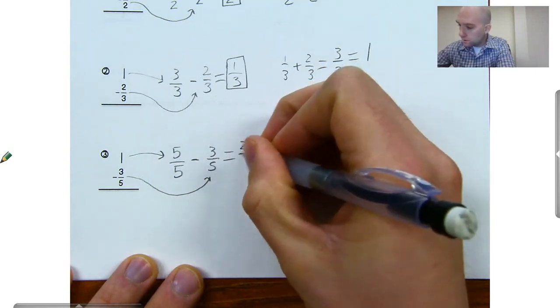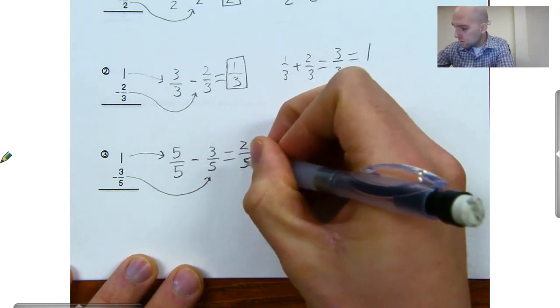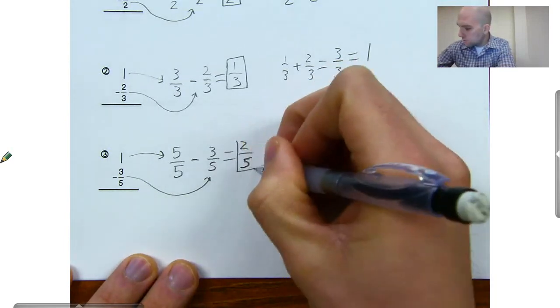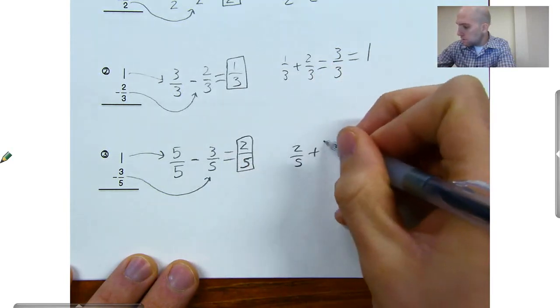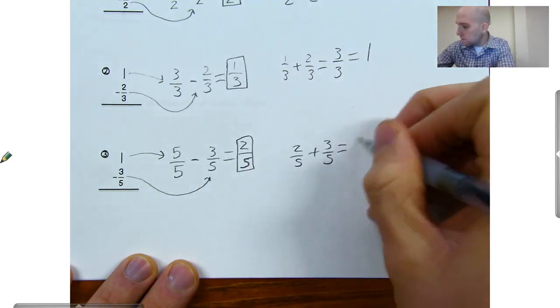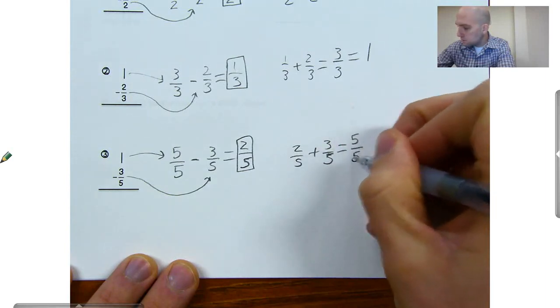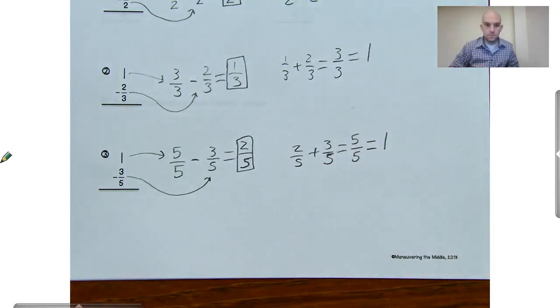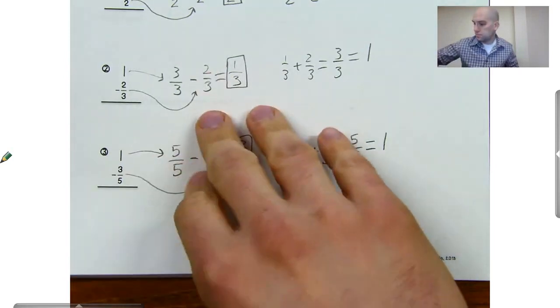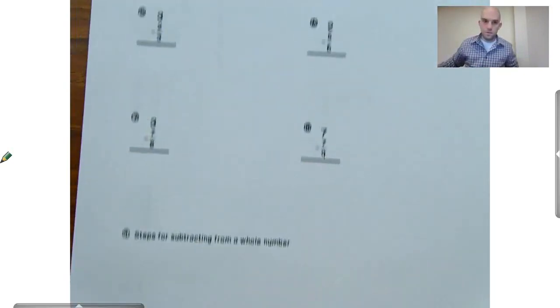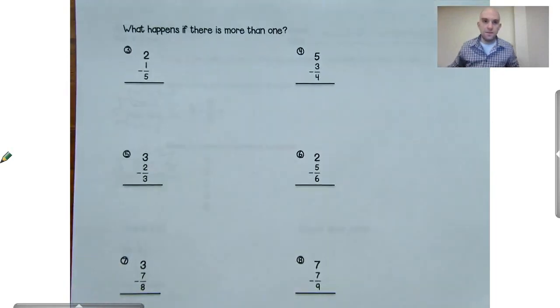That's going to give us 2/5. 2/5 plus 3/5 equals 5/5, which equals 1 whole. So we're just turning our whole number into a fraction. We subtract.